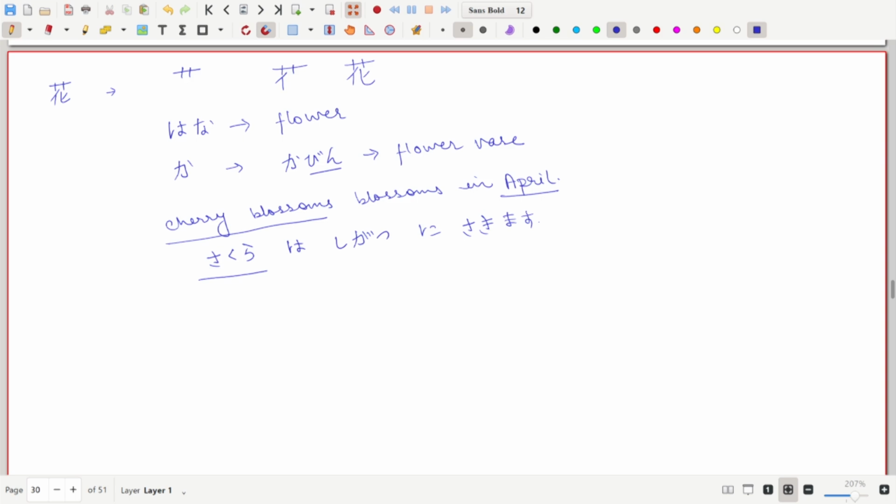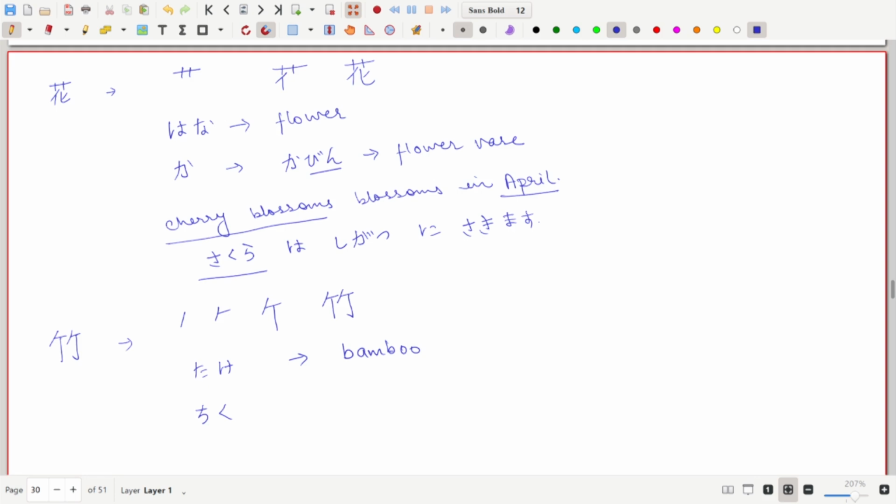Next kanji we'll do is the kanji of take. Take means bamboo. First, second, third. The kanji of take. Another reading is chiku, and this take means bamboo.